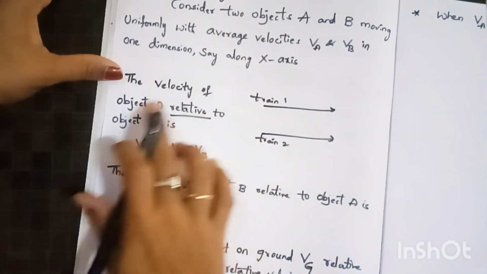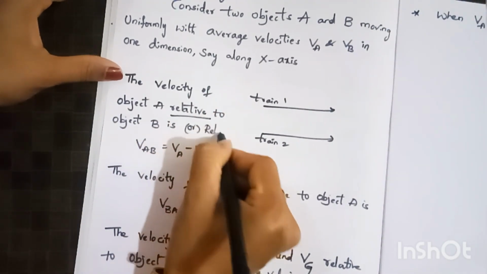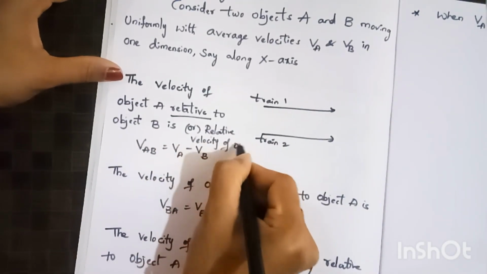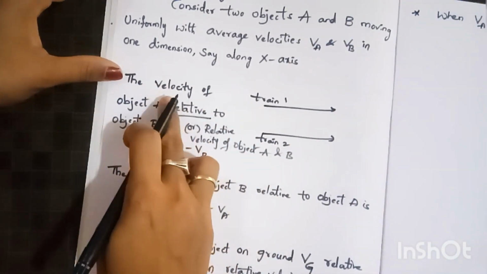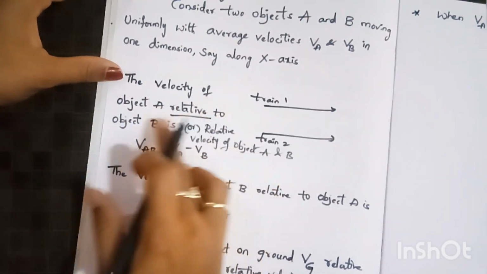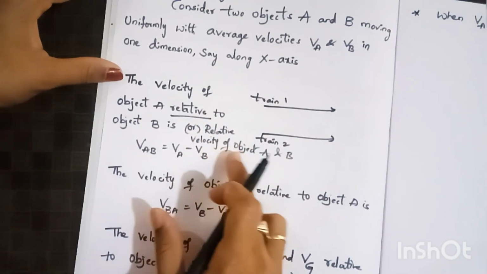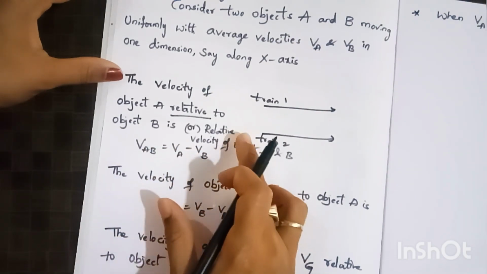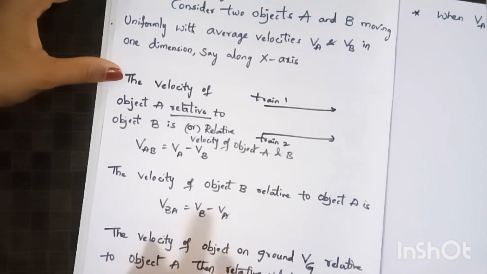The velocity of object A relative to object B, or the relative velocity of objects A and B, have the same meaning. VAB equals VA minus VB. Similarly, the relative velocity of objects B and A means VBA equals VB minus VA.